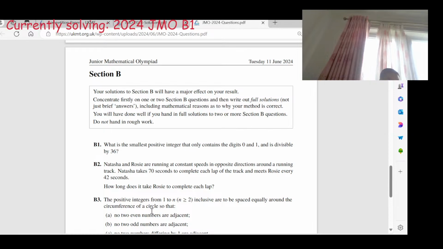So the only condition is that it needs to be a multiple of 9. So we need 9 ones, and we need 2 zeros at the end for it to be a multiple of 4.